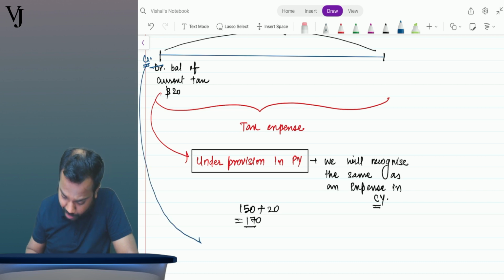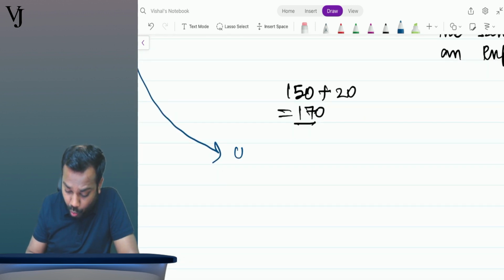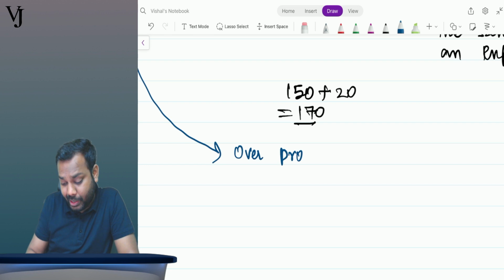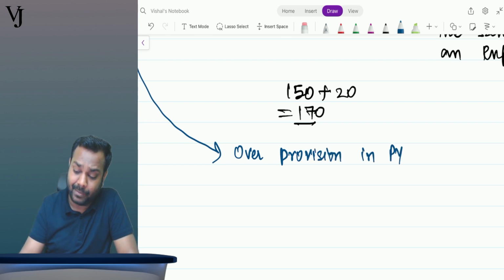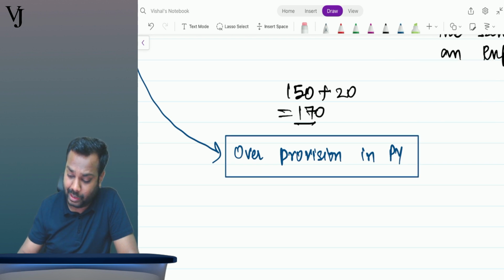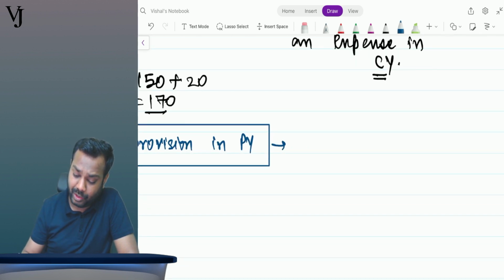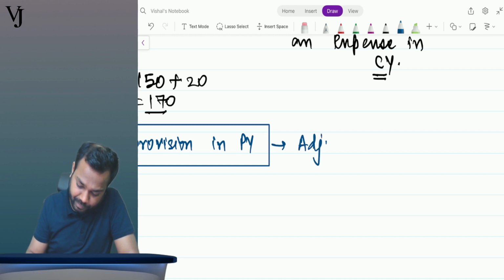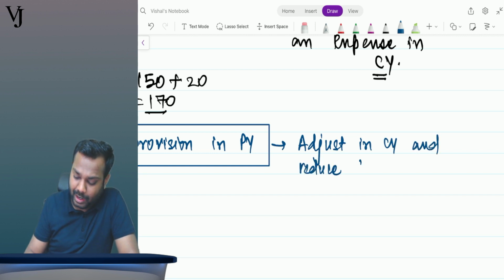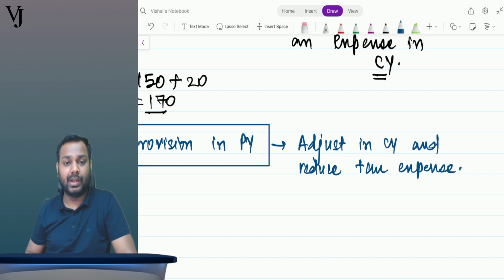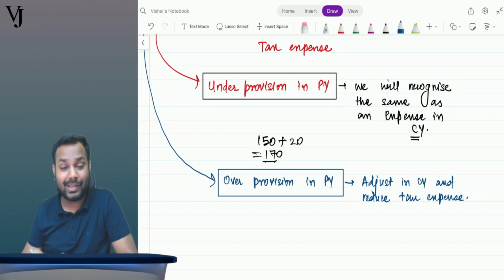Credit balance means over provision, meaning we have made an extra provision in the previous year, which we will adjust in the current year and reduce tax expense. I believe that is clear to all of you.